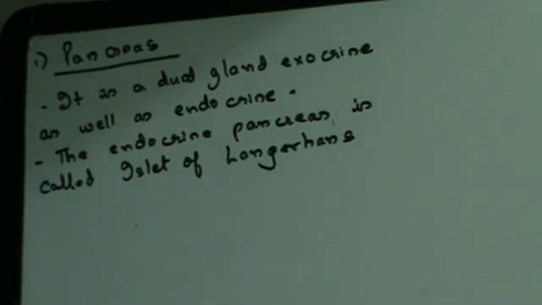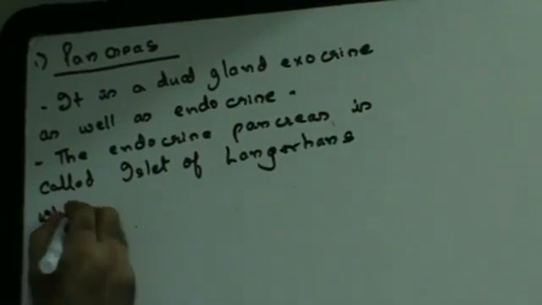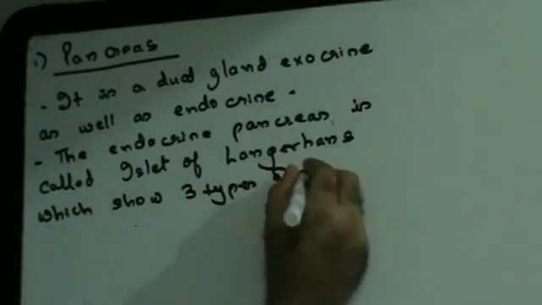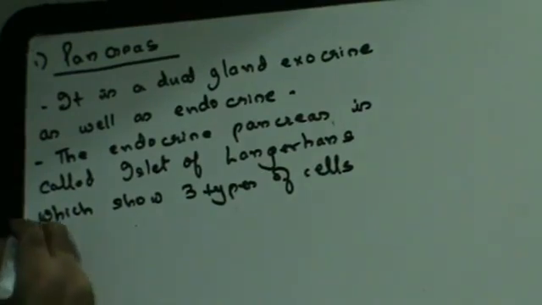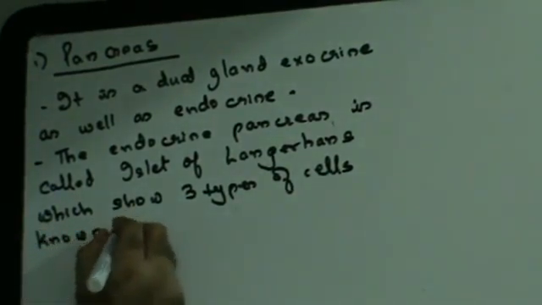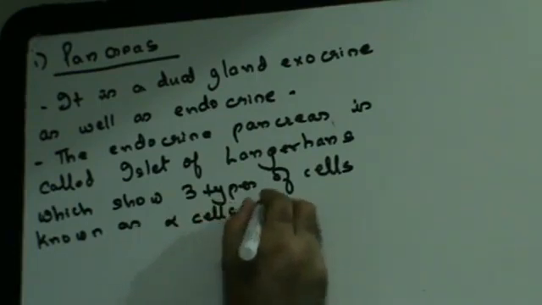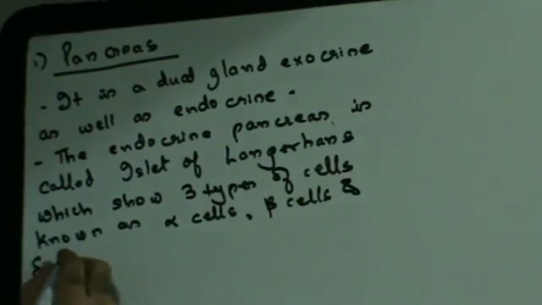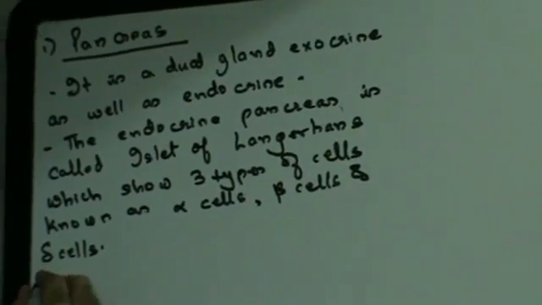So the islet of Langerhans shows three types of cells: alpha cells, beta cells and delta cells. These are the three types of cells shown by the islet of Langerhans, which is your endocrine pancreas.